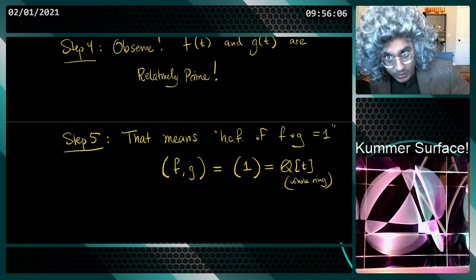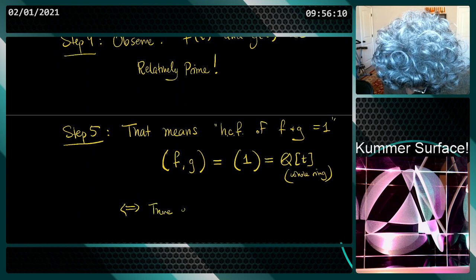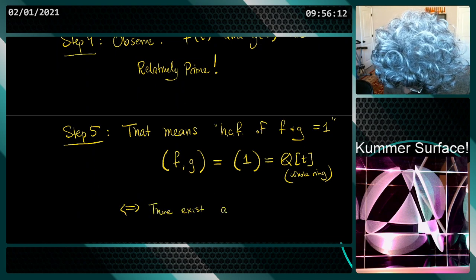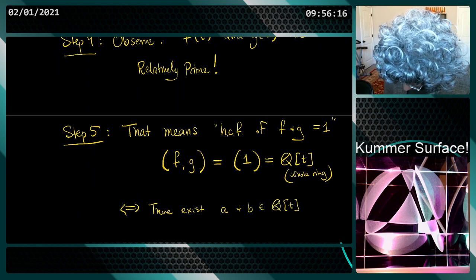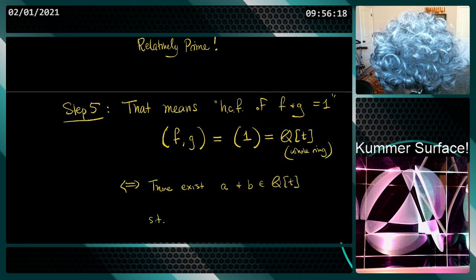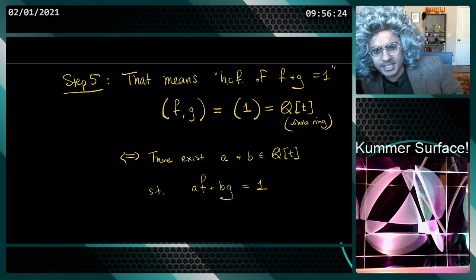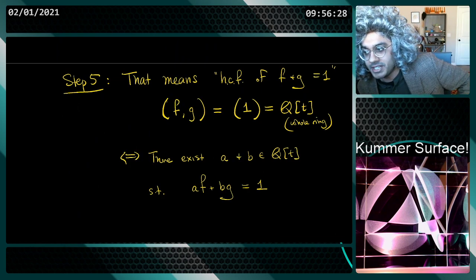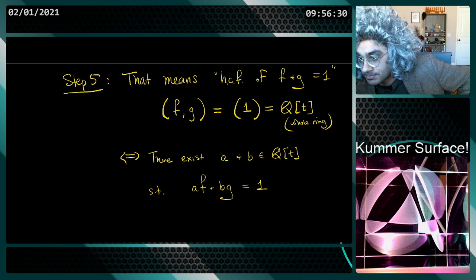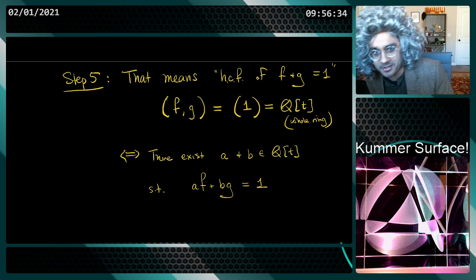Which is to say, there exist two polynomials a and b so that af plus bg equals 1. This is a powerful trick.